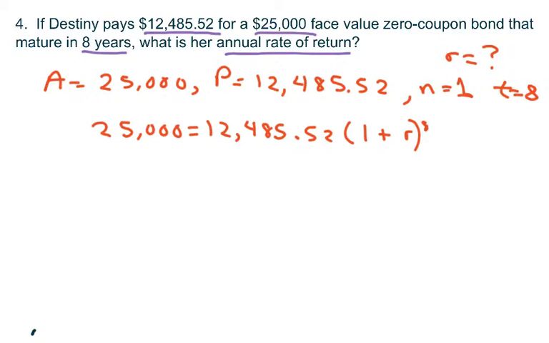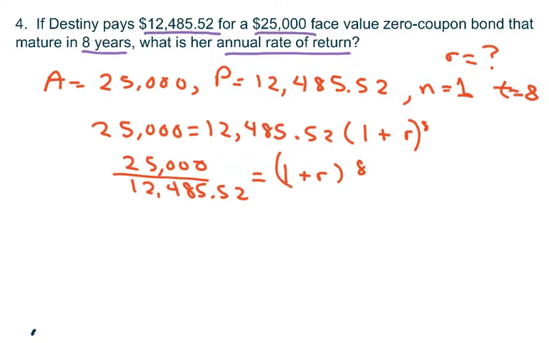And you divide both sides by 12,485.52, and I'm just going to write it like that. Now we're going to take the 8th root of both sides.